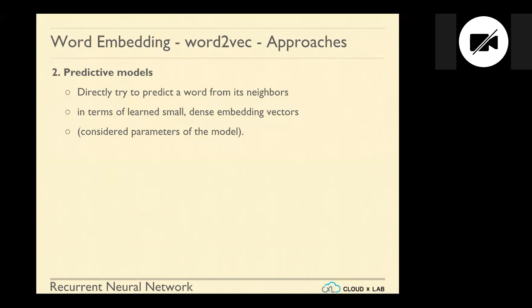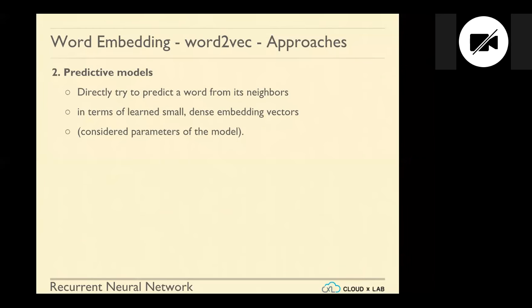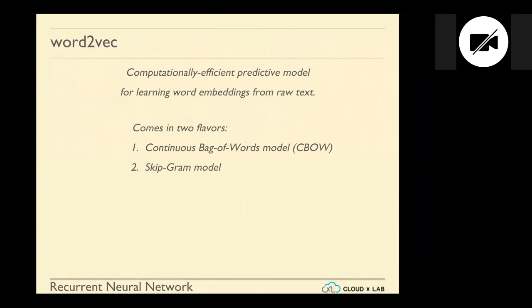So the way we figure out weights, in the same way we are going to figure out these embeddings from the model. All right. So word2vec is one such computationally efficient predictive model for learning word embeddings from raw text.